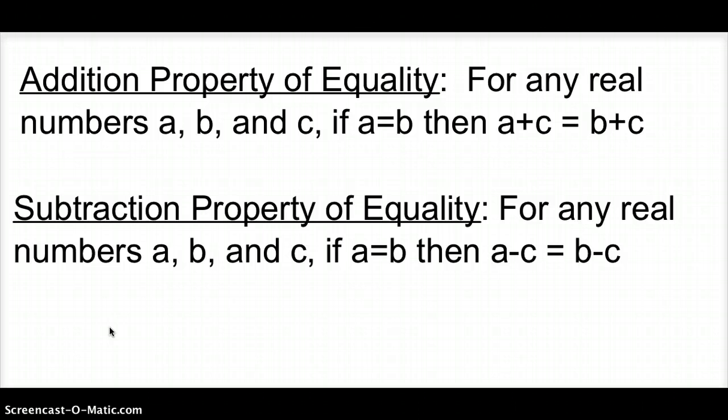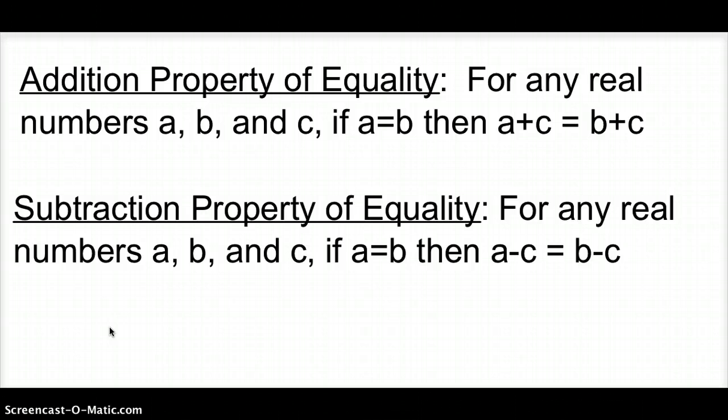If you add 4 to both sides of the equation, then you're going to have essentially 5 plus 4 on one side, which is 9, and you'll have 5 plus 4 on the other side, which is also 9, so they'll still be equal. So if you add the same thing to both sides of an equation, it will still be equal to each other.